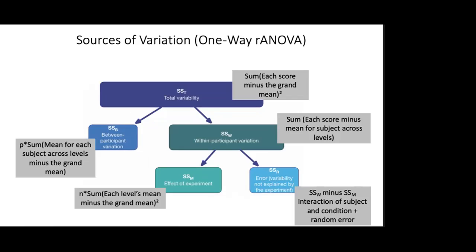So for example, in our cake example, it might be that one person really loves chocolate, so that because they love chocolate so much, their rating for chocolate cake is 5 times as high as for lemon cake, whereas on average the rating for chocolate cake is only twice as high as for lemon cake. Because this person is such a chocolate lover, that might be an interaction of subject and condition, and then it might be in addition to any random error, like the unreliability of the measurement instrument. So it's just important to keep that in mind.